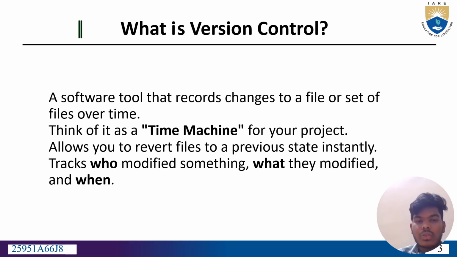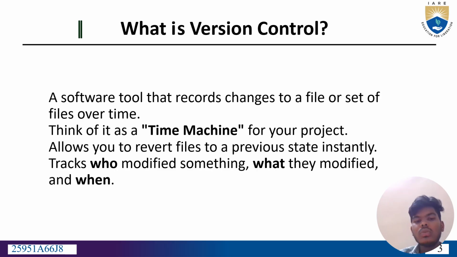We should know what version control is. Version control is a software tool that records changes to a file or a set of files over time. Think of it as a time machine for your project.